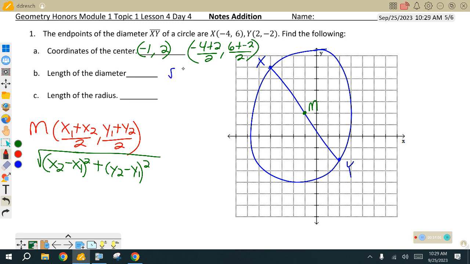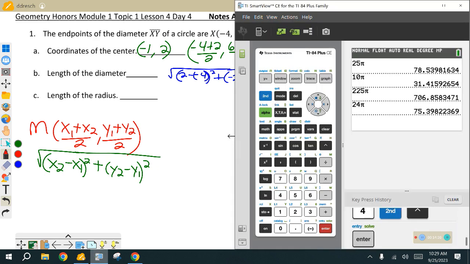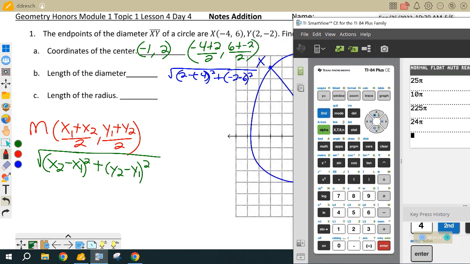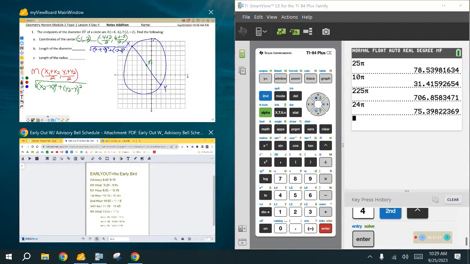So I'm going to go calculate my distance. X minus x squared plus y minus y. Okay, nothing new here. I've given you plenty of practice with that.